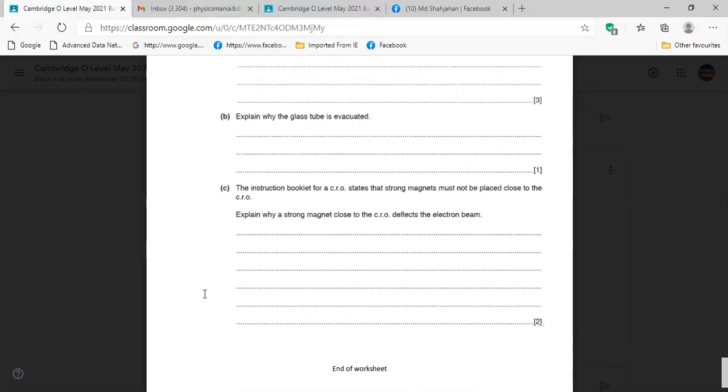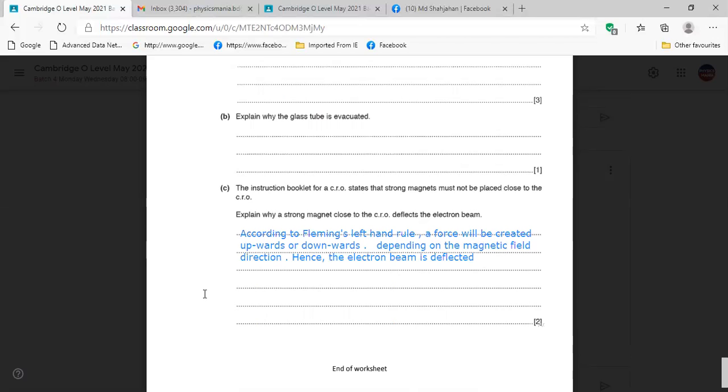That's why we get deflection. Is it clear? Yes, sir. Correct. Karim, your answer is also correct.